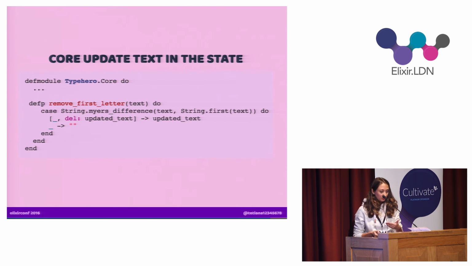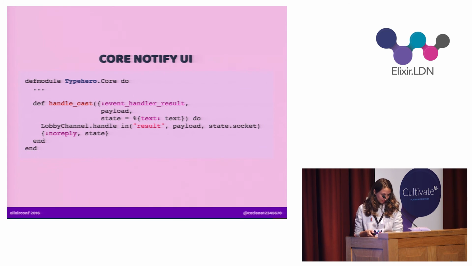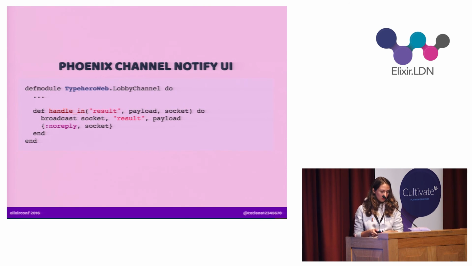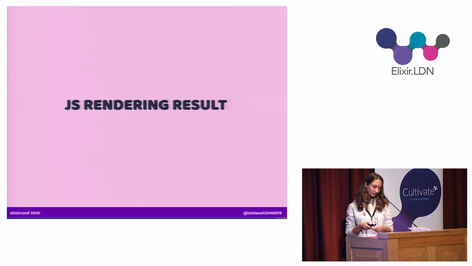We just take it out from the text if it's correct. Okay, and then we get the result. And we broadcast it to the socket. We have sockets in our state, so we use that. And then we render it to the UI.